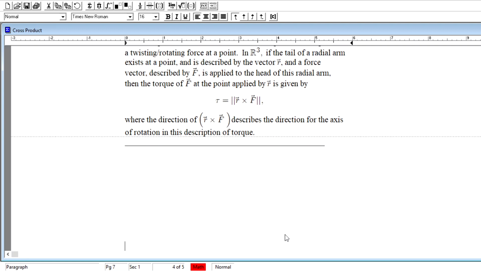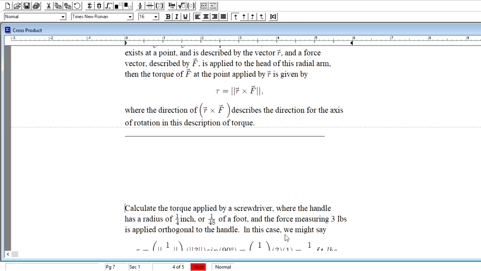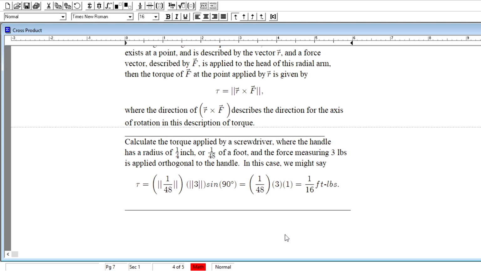Now, if we look at a quick example, what could be a quick example? We might consider calculating the torque applied by a screwdriver. A screwdriver is this tool we use that creates this twisting action at its head, where the handle might have a radius of 1/4 inch. The part that we grab on the screwdriver and hold on to as we twist our wrist to screw in a screw or to unscrew a screw has a radius of 1/4 inch.